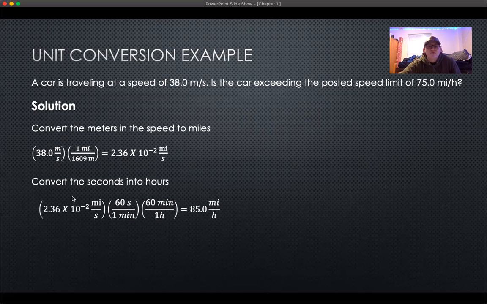To do that, you take your value, 2.36 times 10 to the negative 2 miles per second, and 60 seconds is equivalent to 1 minute, 60 minutes is equivalent to 1 hour. So you will multiply 2.36 times 10 to the negative 2 times 60 times 60, which leaves you with 85.0 miles per hour. So this car is actually speeding, and they are going 10 miles per hour above the posted speed limit.